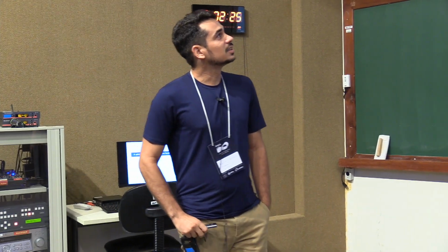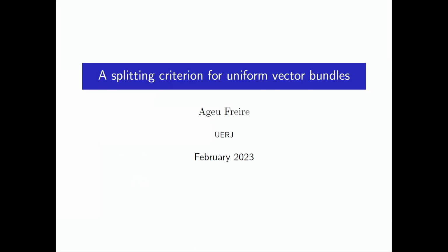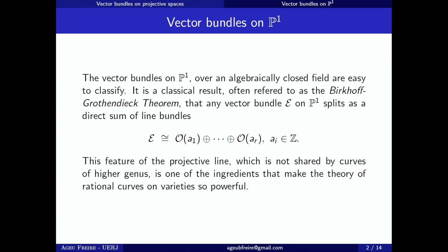So let me just stress here, this is a work in progress with Carolina Araujo and Lucas das Dores. I will start with vector bundles on the projective line. Vector bundles on the projective line are all classified, and this is a classical result due to Birkhoff-Grothendieck.